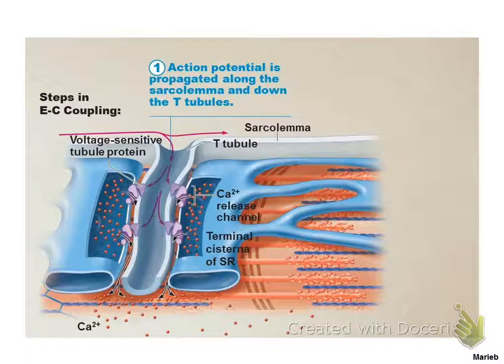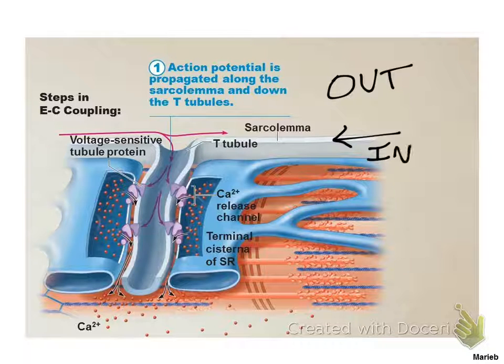So looking at this figure, the stuff in gray at the top is the sarcolemma. So anything above my arrow is the outside of the cell, below it is the inside of the cell. And we can see if we follow the sarcolemma along that, hey, just like I drew on the whiteboard, there's this area where it dips inside the cell, our T-tubule.